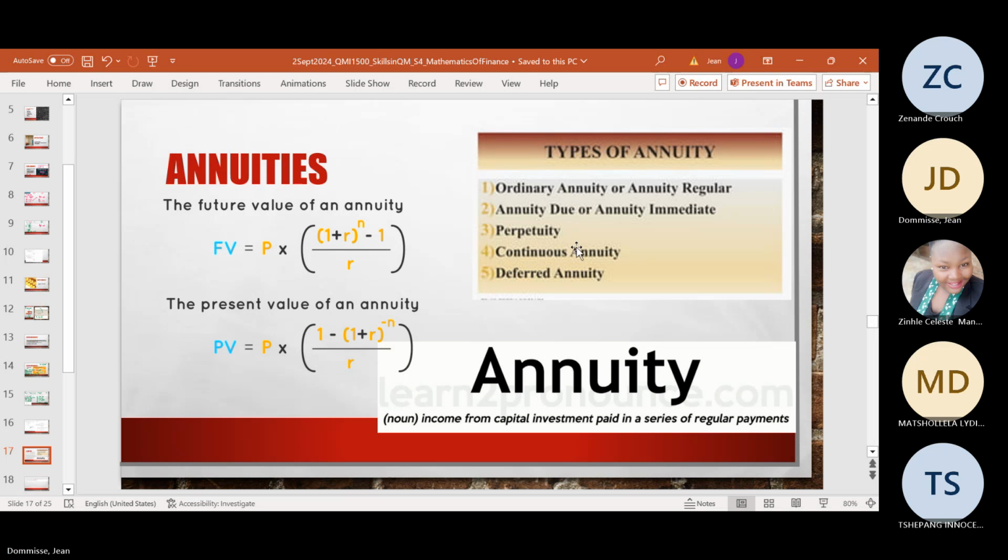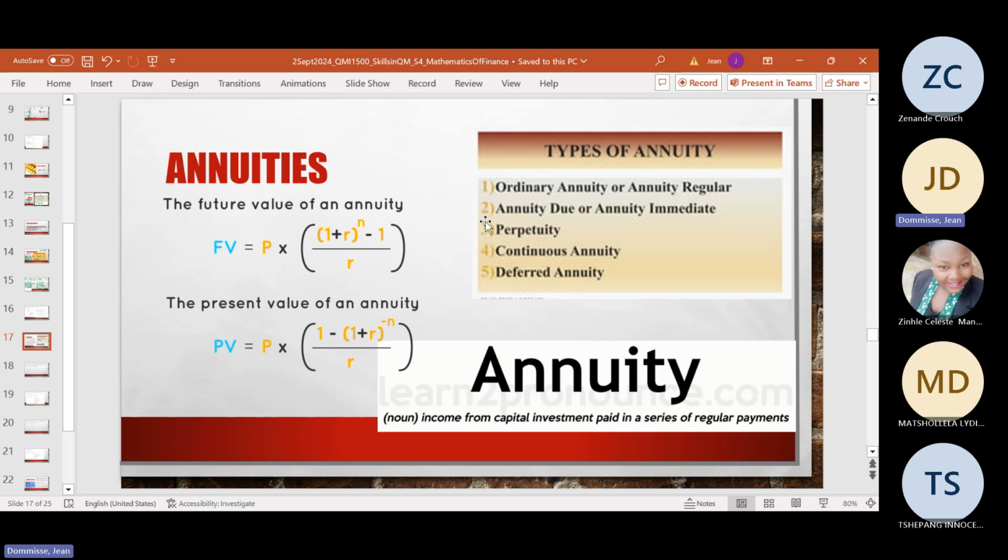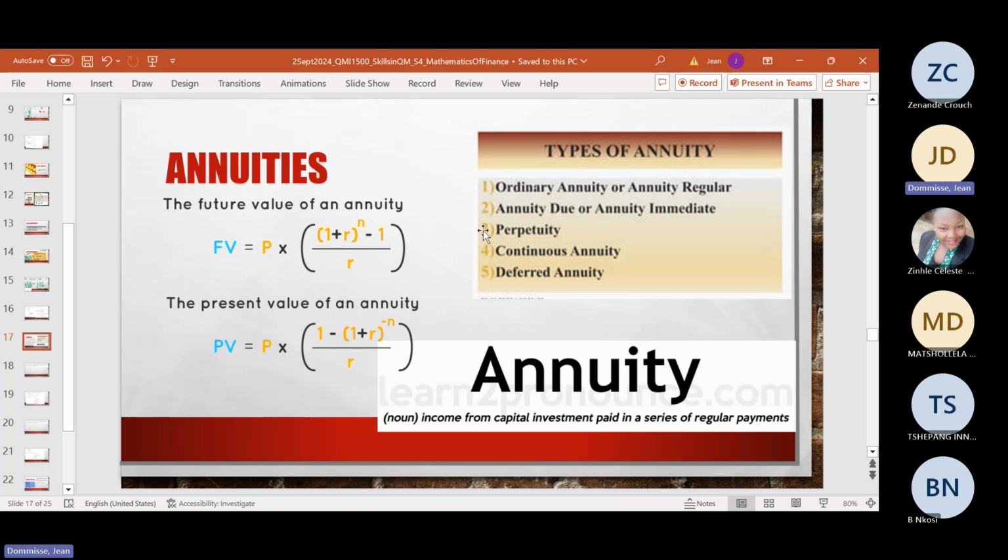Then what is also important is there's basically two things that you need to remember. One is your annuity due, and the other one is your ordinary annuity.